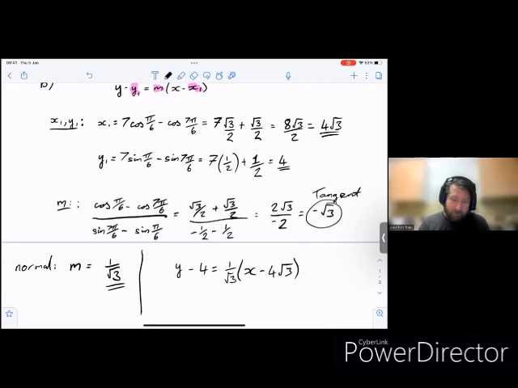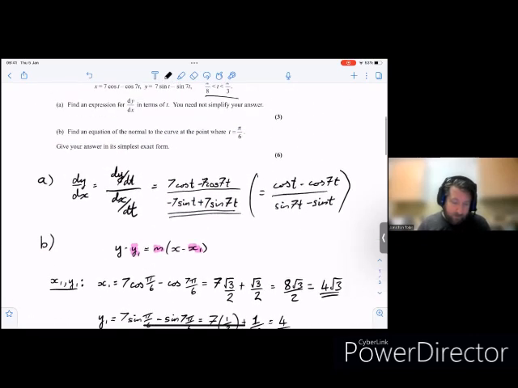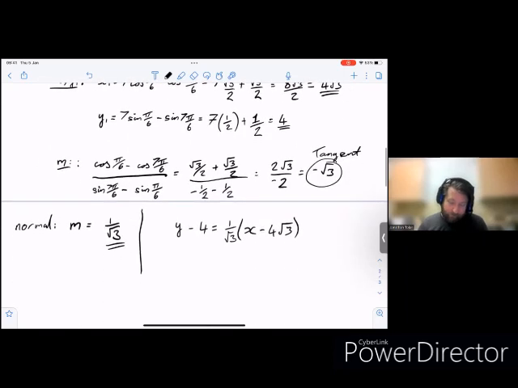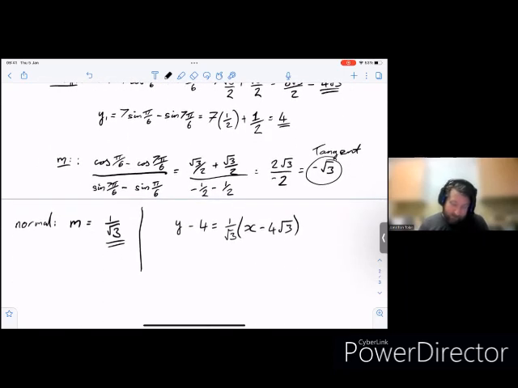So how does it want the answer? It just says in its simplest exact form. So I'll multiply everything by root 3. Or maybe not actually. I'm just trying to see how I can get this nicely simplified.